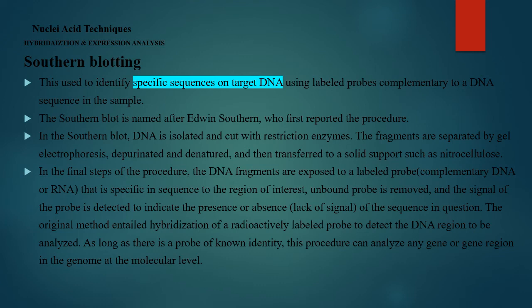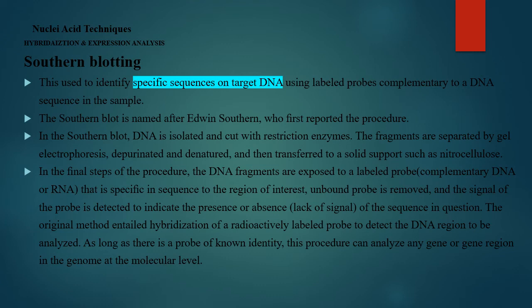All right. Now in the southern blot, DNA is isolated and cut with restriction enzymes. So you first isolate from your cells, you cut them with restriction enzymes. Now the fragments are separated by gel electrophoresis, depurinated and denatured, and then transferred to a solid support such as nitrocellulose.